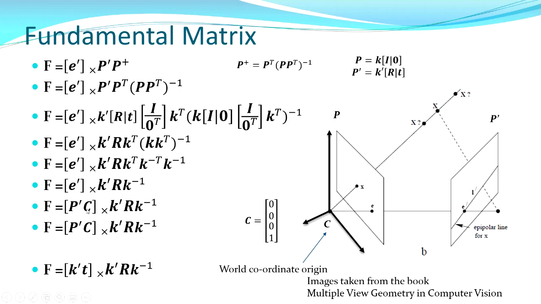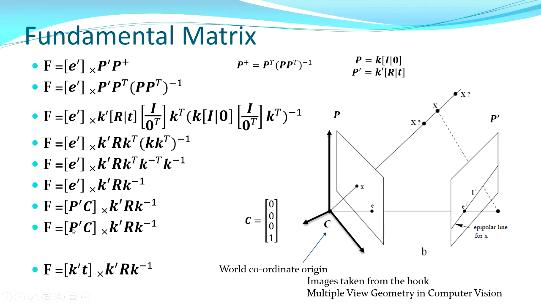So I have P dash C over here, and C is nothing but this vector, because C is the origin of the coordinate system. So it will be given by 0, 0, 0 and 1. This 1 is because of the homogeneous coordinate system.